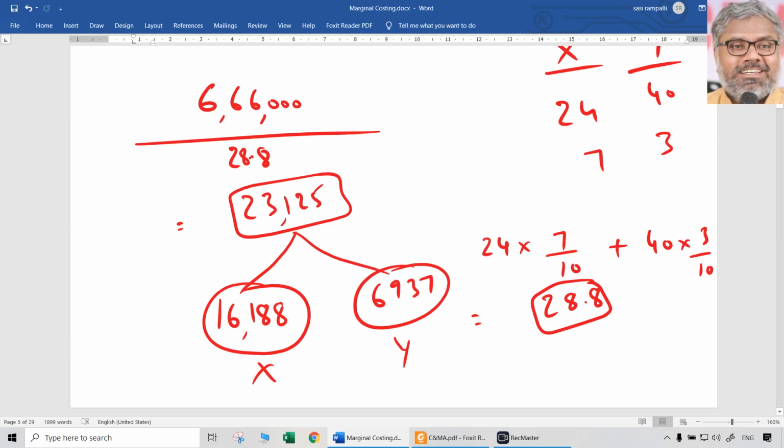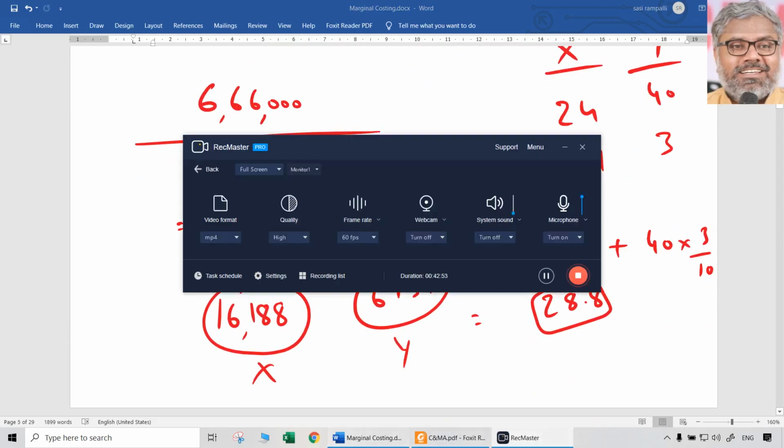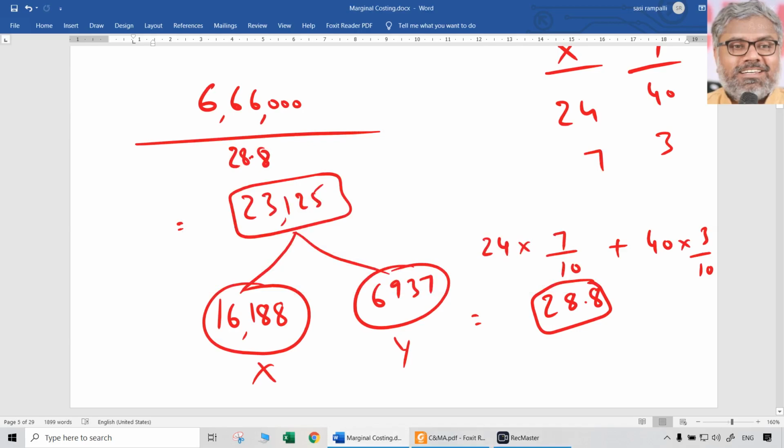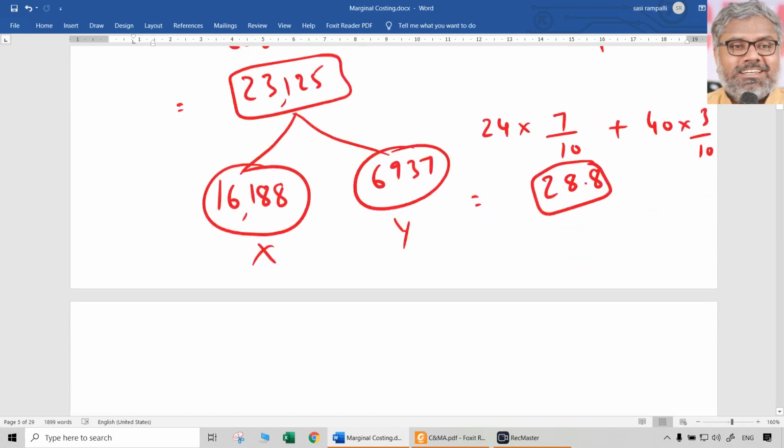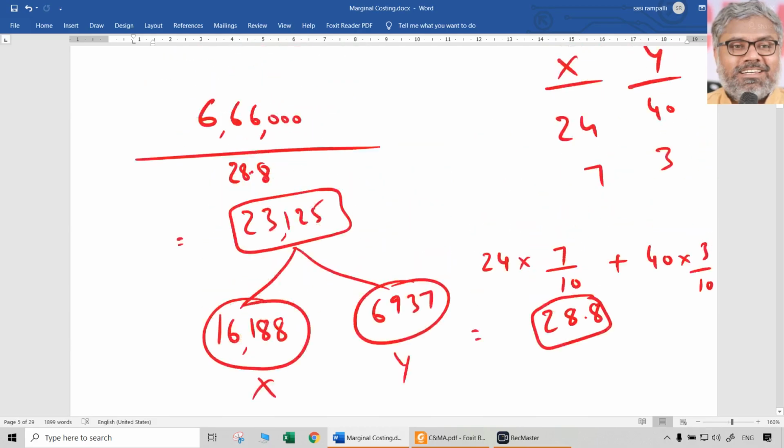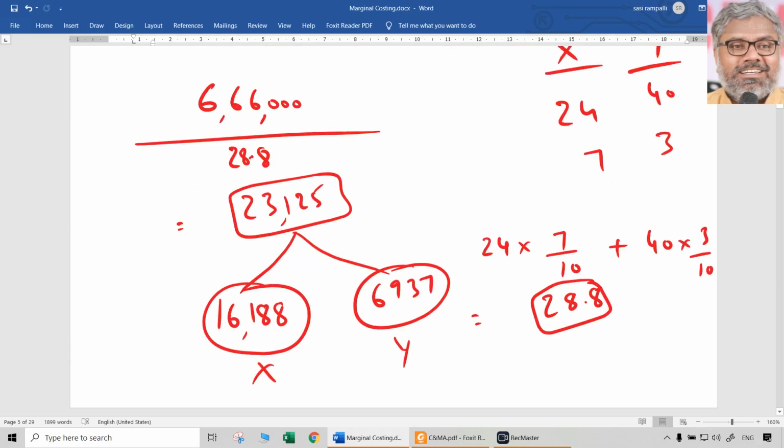So first of all, whenever there is a product mix, we have to take the weighted average contribution, then use the same formula, total fixed cost divided by contribution per unit, taking the weighted average contribution per unit, and we get the overall composite break-even point, which is of no use actually. That has to be split into two parts for the two different products in the same sales mix. In this case we got 16,188 and 6,937. So that is the number of units of break-even point.